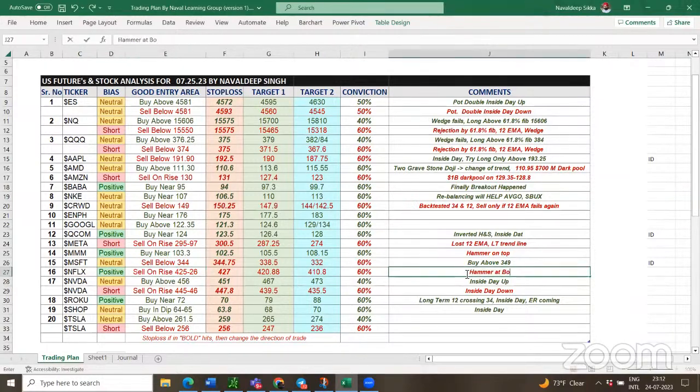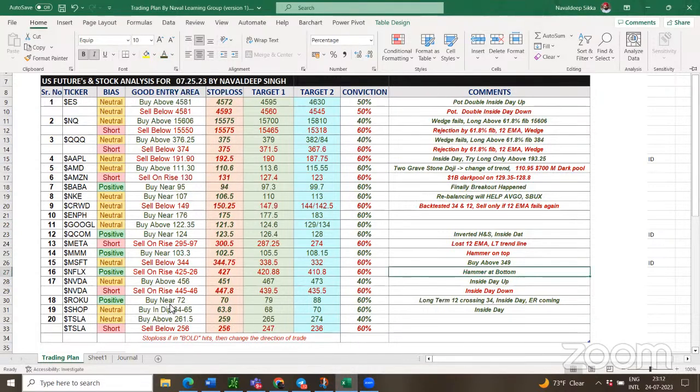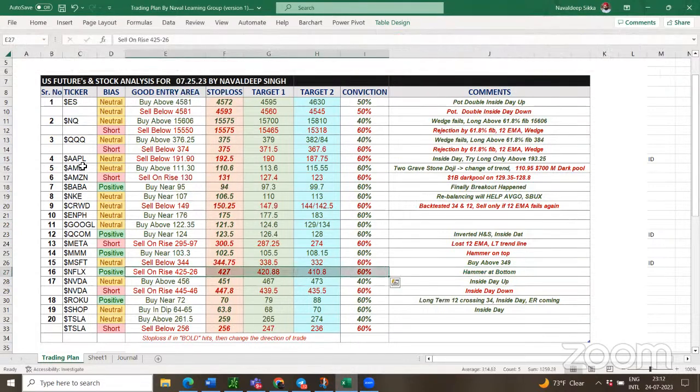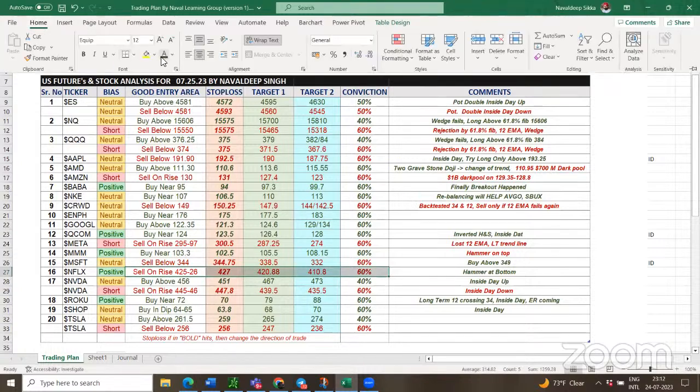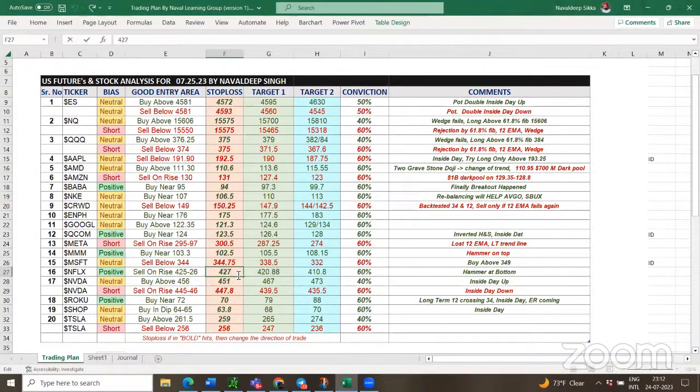Hammer at bottom. Hammer at top is negative. Hammer at bottom is positive. So Netflix, I'm just converting everything into green. And I want to trade above 427.30. 427.30 is my stop loss.